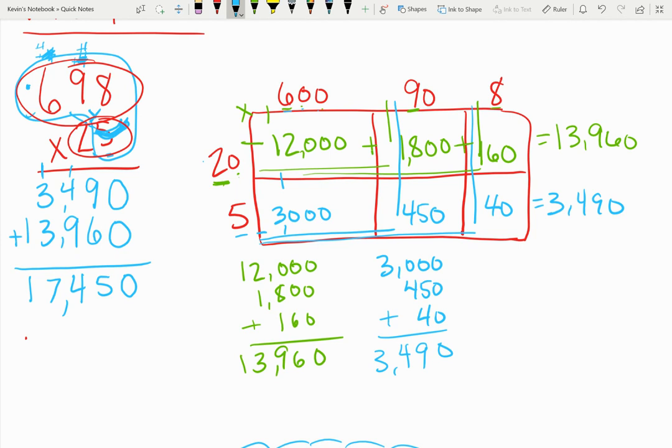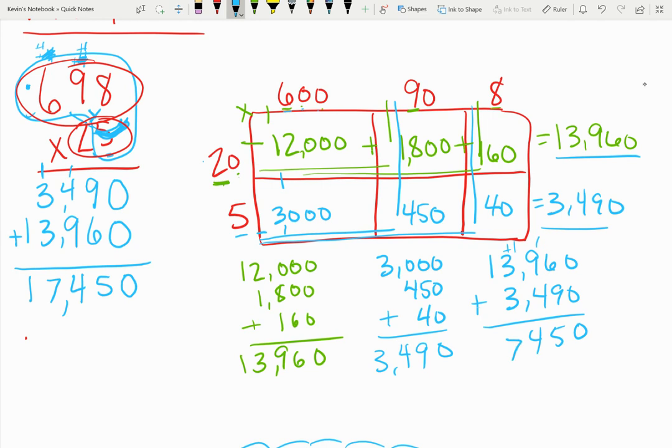To finish, I have to add both the partial products, 13,960 plus 3,490. So I'll do that over here. 13,960 plus 3,490. 0, 15, 14, carry the 1 over to my thousands, 3 plus 3 is 6, plus 7.